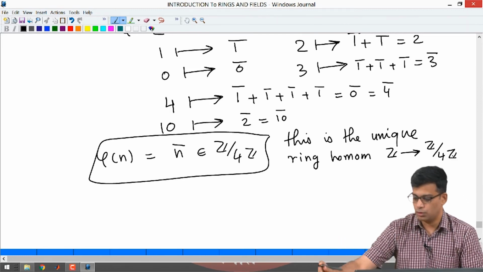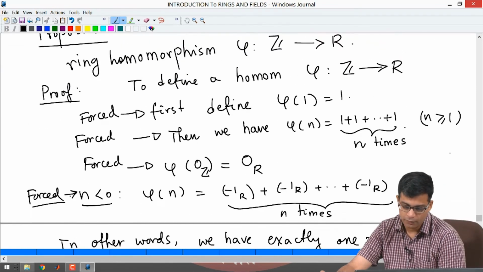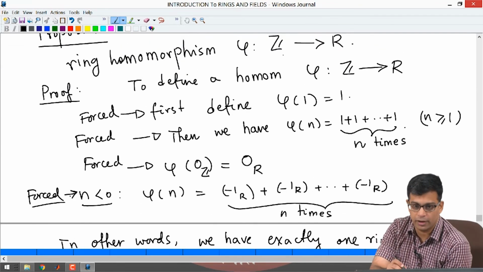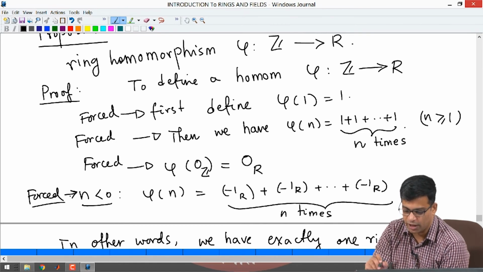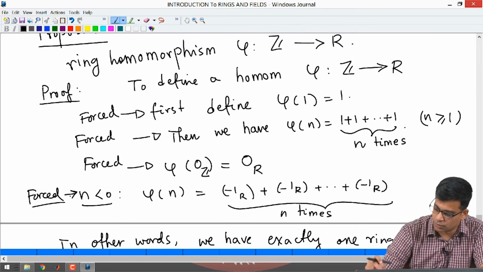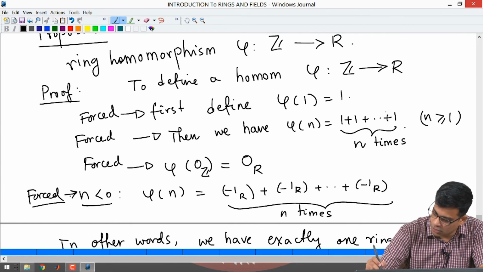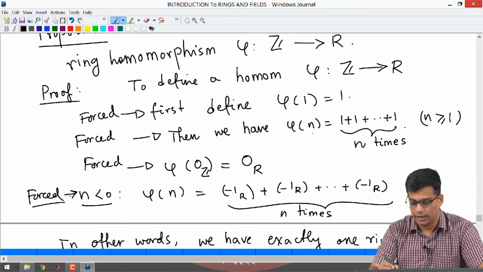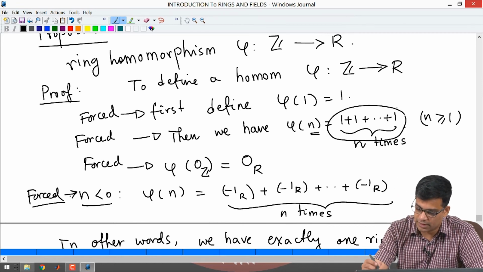I am also doing this example for the following reason. When I write, for an arbitrary ring homomorphism from Z to an arbitrary ring R, that n goes to 1 plus 1 plus 1, n times, you might think of that as equal to n itself, but that will not be. This is not really n; n really only stands for an integer, and this is a ring element.